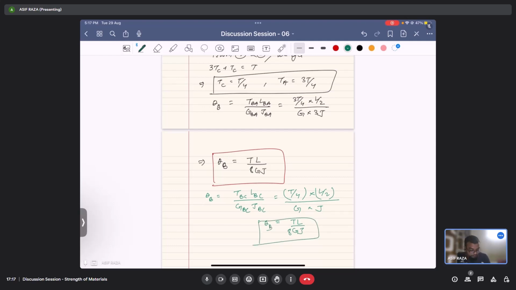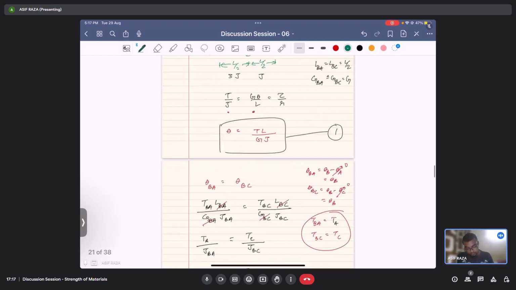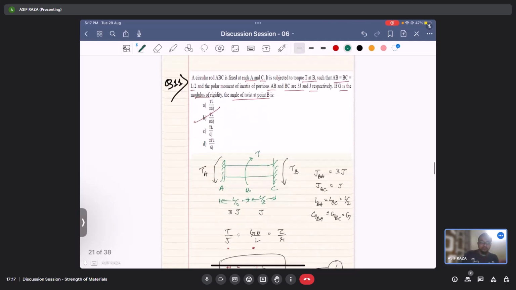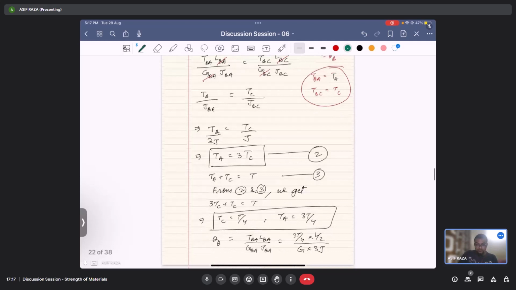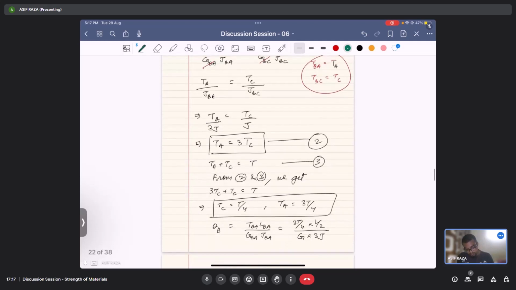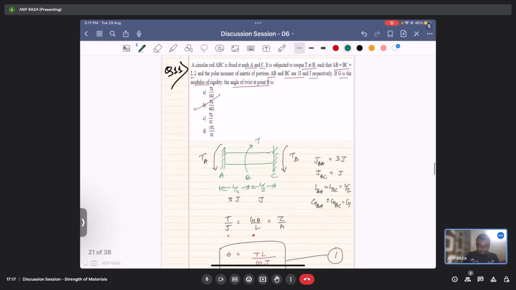So option B is the correct answer. In this case, the one more thing you had to use is the torque equilibrium equation, that is equation number 3, TA plus TC is equal to T.